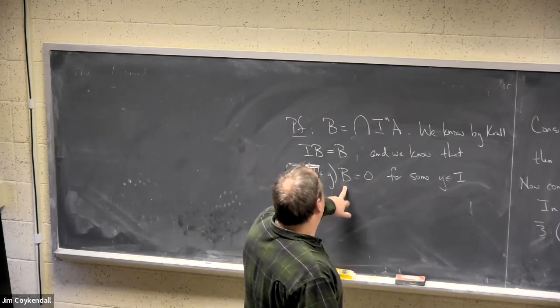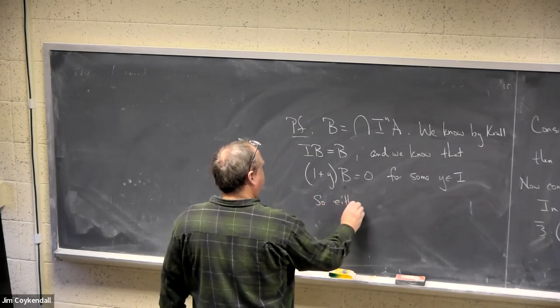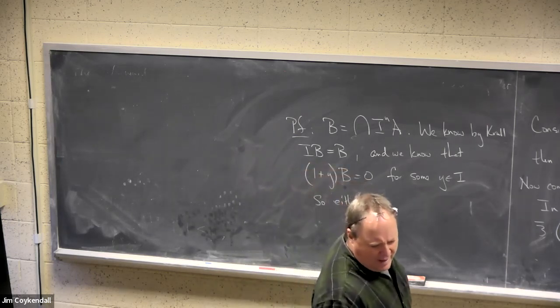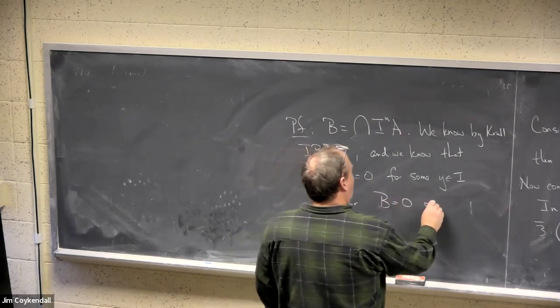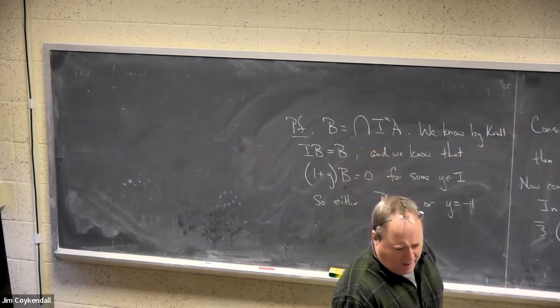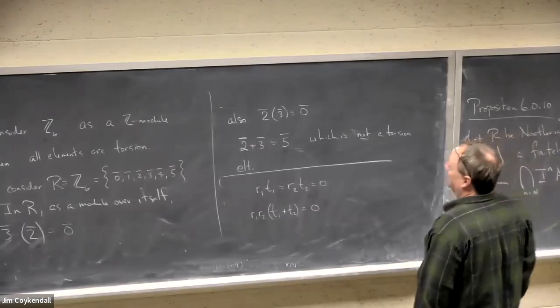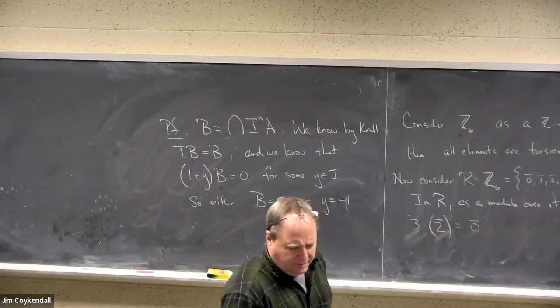But A is torsion free, so either we have that B equals zero, or 1 + y is equal to zero, meaning y equals -1.